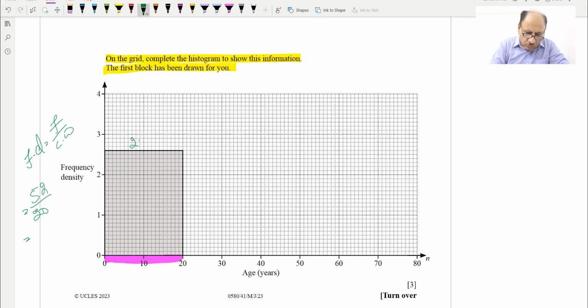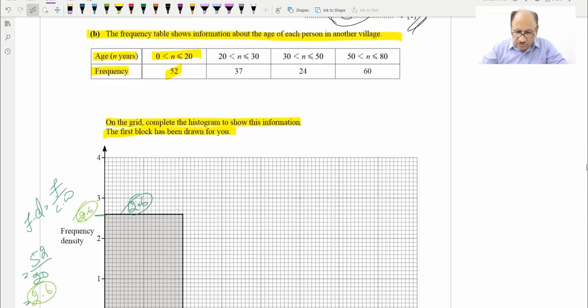So this is representing 2.6, and this one is 2.6.